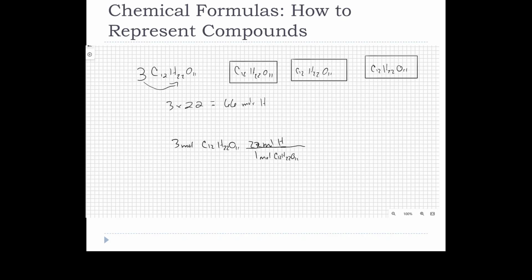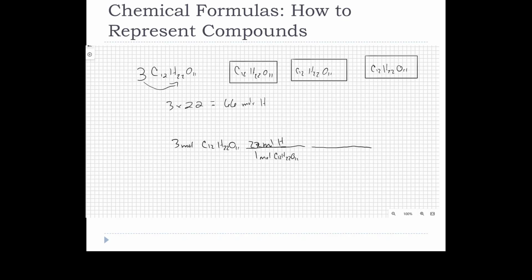This thing right here tells me inside my molecule, there's 12 carbons, there's 22 hydrogens, there's 11 oxygens. So in a mole of these, there would be 12 moles, 22 moles, 11 moles. So can you see that this is how we get 66 moles of hydrogen?